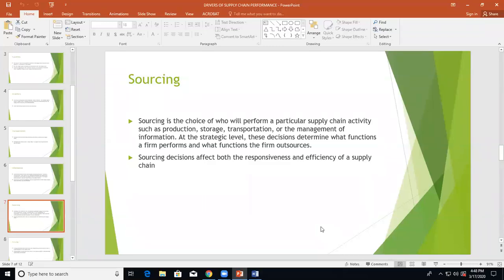Here we close. Sourcing decisions affect both the responsiveness and efficiency of a supply chain. Yes, because sometimes you improve the responsiveness, like Zara Man is a company which improves their responsiveness through keeping the manufacturing facility of few products in Europe, which are the products which usually change, the fashion products or the highest demand products in Europe.